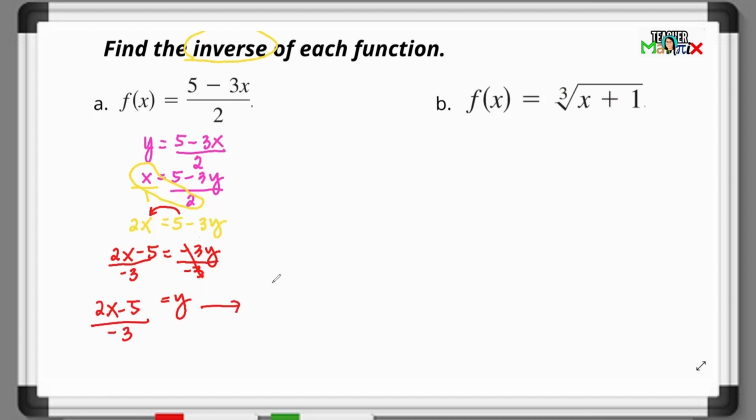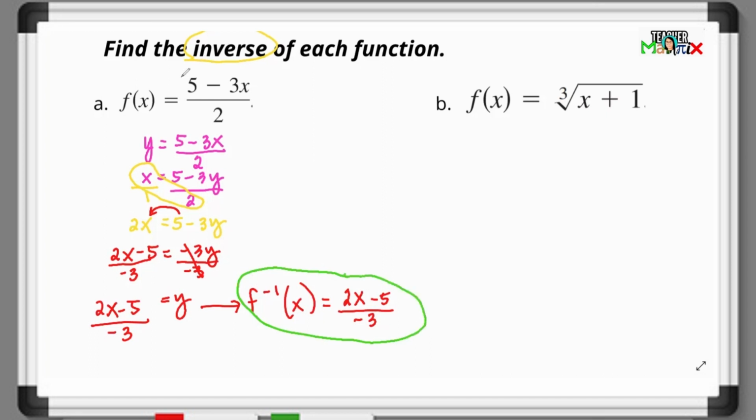Or let's formally write this as the inverse function is (2x minus 5) over negative 3. Okay, so far, ito yung nakuha natin na inverse function nito. But how would we know na we are correct?